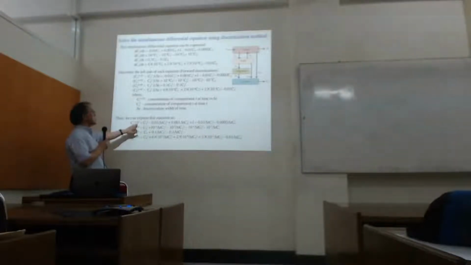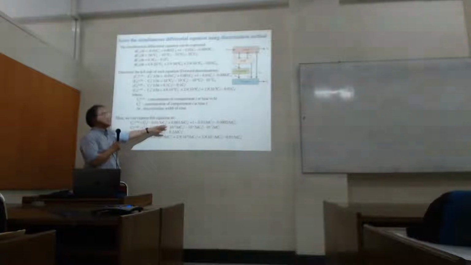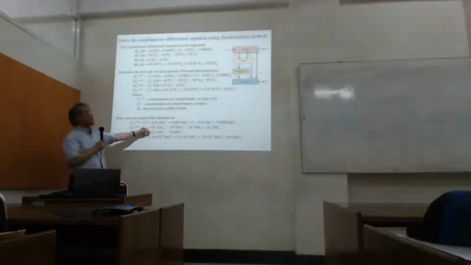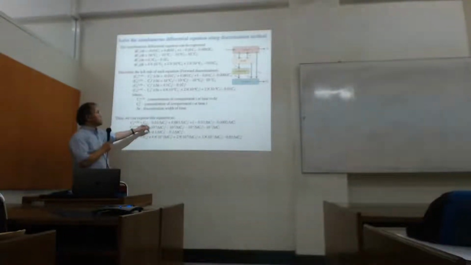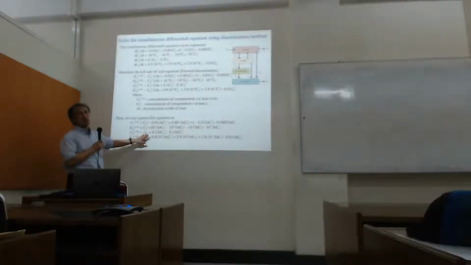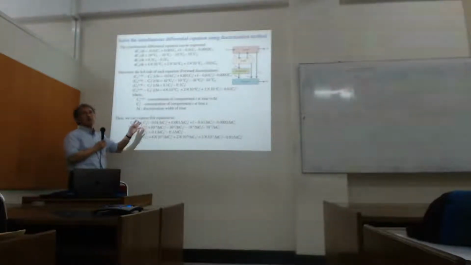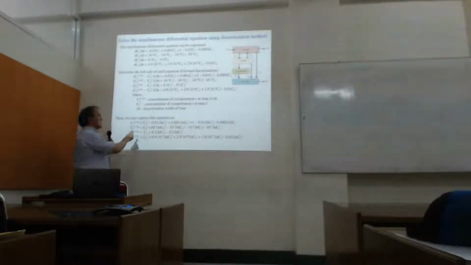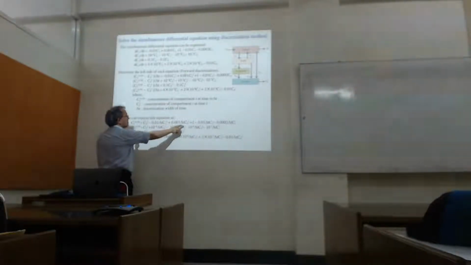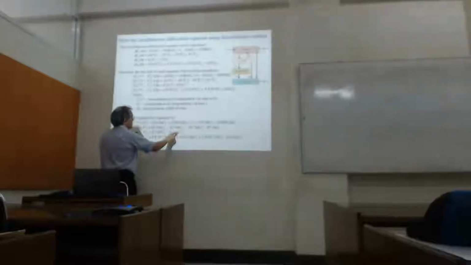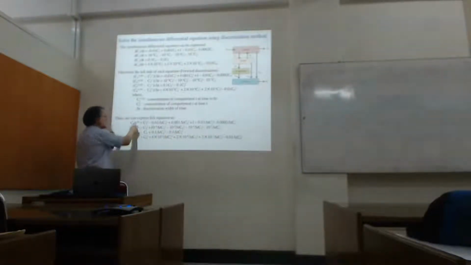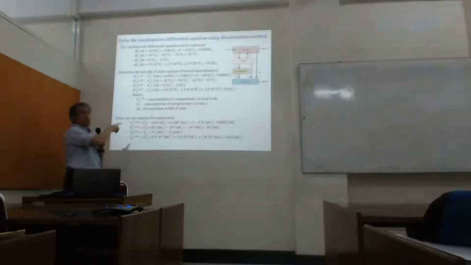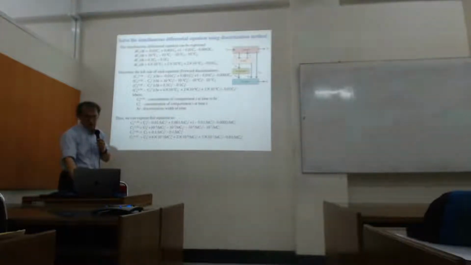But to calculate those values, we need to know the first concentration of each compartment, meaning at time zero, the initial conditions. If we know the initial condition of each compartment, we can calculate the concentration at any time.